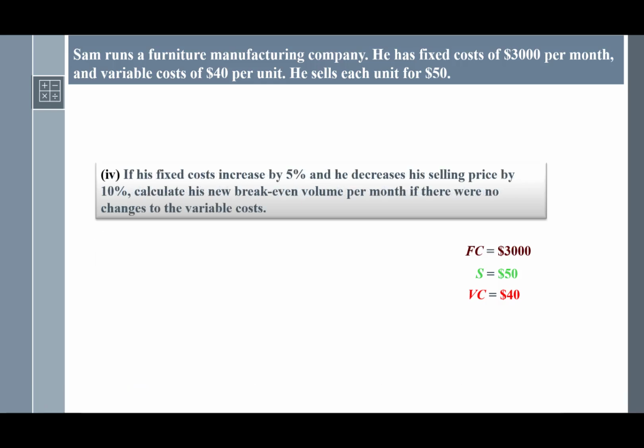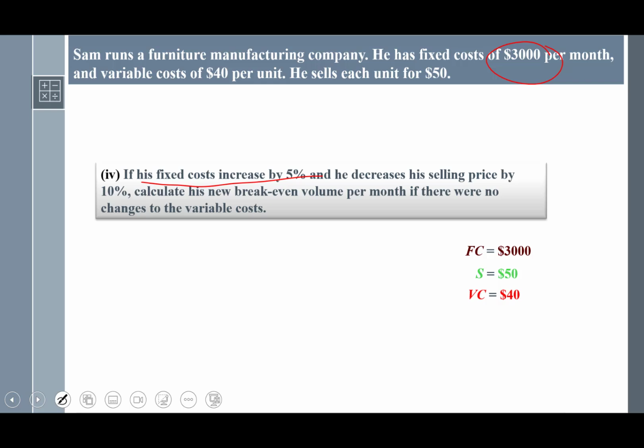Okay, if his fixed cost increased by 5%, and he decreases his selling price by 10%, calculate his new break-even volume per month if there were no changes to the variable cost. So same idea, we're going to increase the fixed cost by 5% of 3,000.